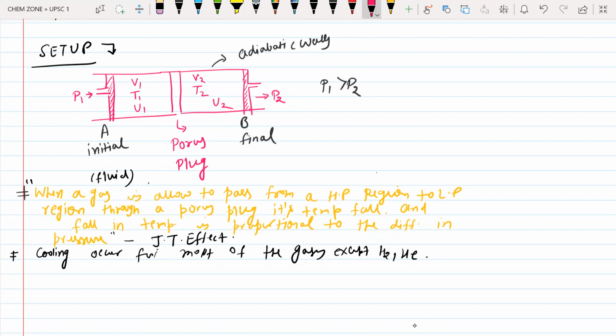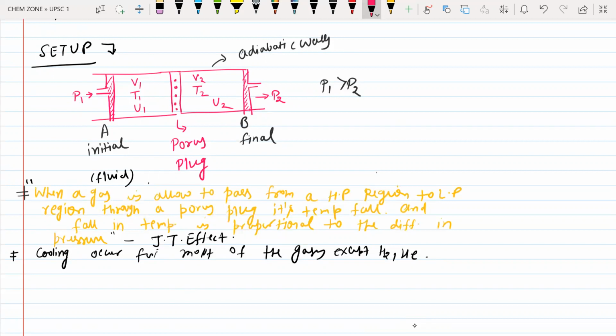Joule Thomson suggests that when a gas or fluid is allowed to pass from a high pressure region to a low pressure region through a porous plug, its temperature decreases.